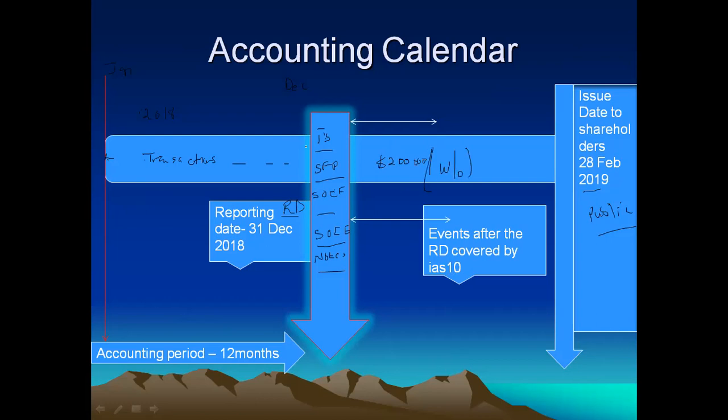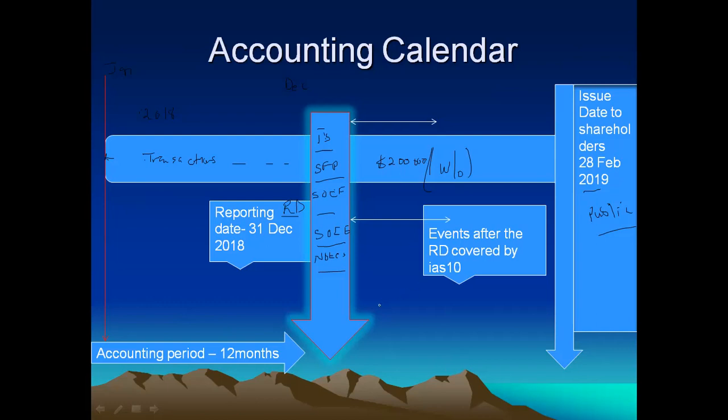Our books at 31 December indicate a debt of $200,000, and just soon after 31 December, let's say on 1 January, we are told, and there is sufficient evidence, that the customer owing us $200,000 has gone broke, is insolvent. What do we do? That's the question.